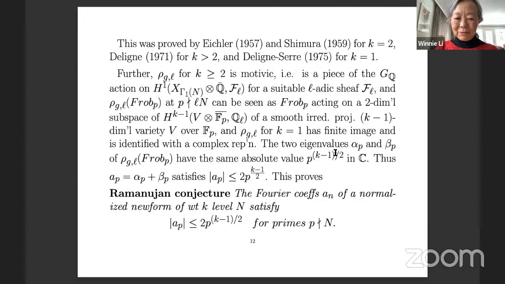They have absolute value 1, which satisfies the same property. Now a_p being the sum of two eigenvalues, this tells us that it has absolute value bounded by twice p to the (k-1)/2. So this is the famous Ramanujan conjecture. This is how it is proved.